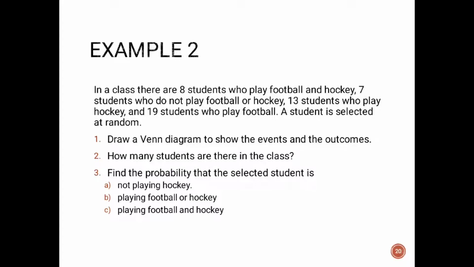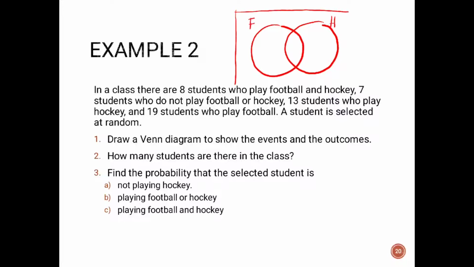So basically we should have two circles, football and hockey. And when you draw a Venn diagram, you must have a square to represent one whole situation, so you have a border. 8 students play football and hockey, so there are 8 students. 7 students do not play football or hockey, I will reserve this for that one.